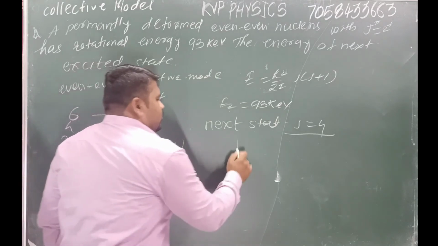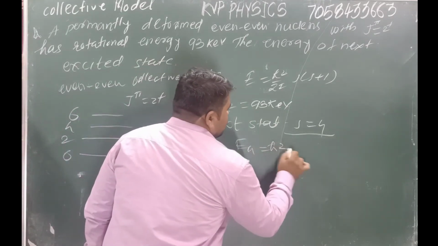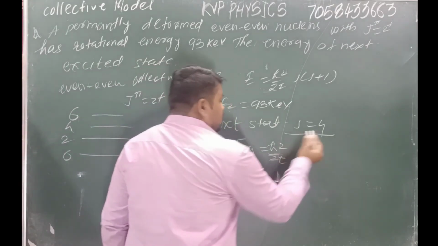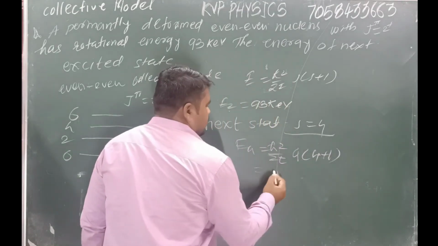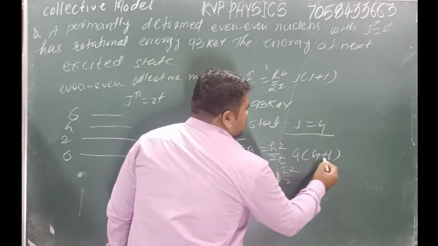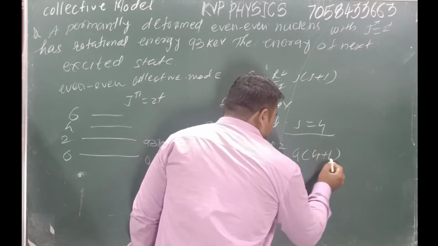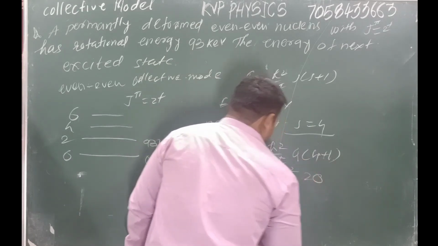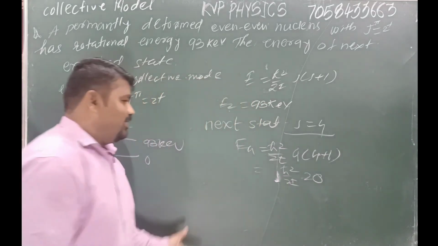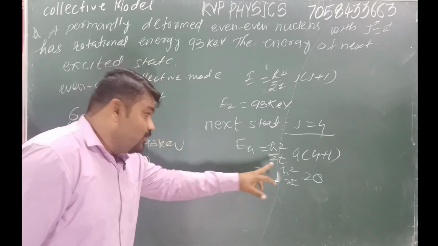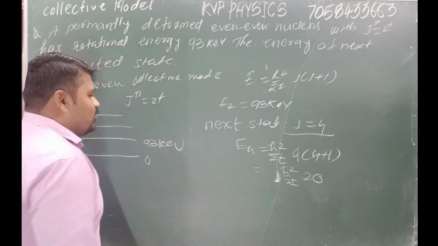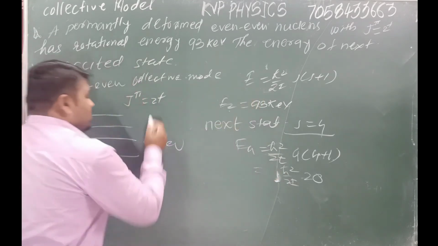E4 is equal to ħ² upon 2I into J into J plus 1, which means 4 into 4 plus 1, that is 20. We cannot get the direct answer here; we need the ħ² upon 2I value also. How to find it? Using E2.